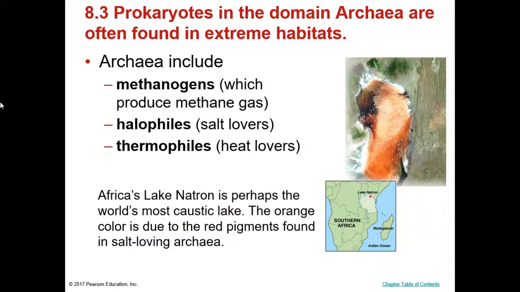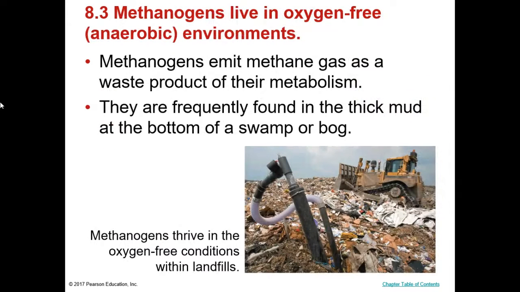Now, archaea bacteria come in 3 forms: methanogens, halophiles, and thermophiles. Methanogens emit methane gas, so they're going to be smelly. You're going to find them in places where there's a lot of trash, for example, but also under thick layers of mud, or in swamps underneath.